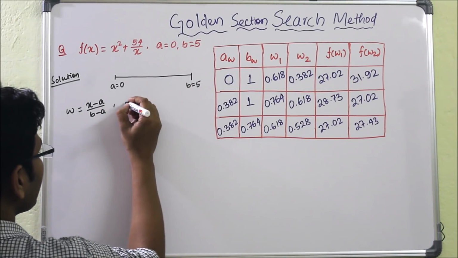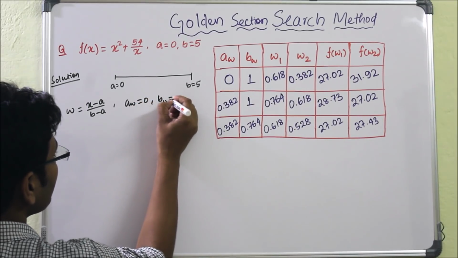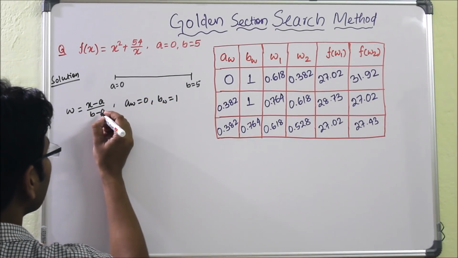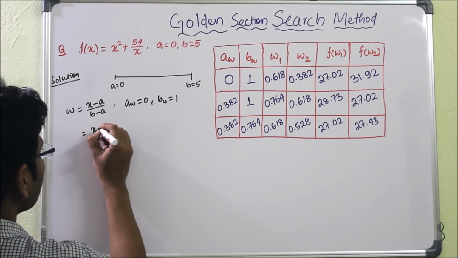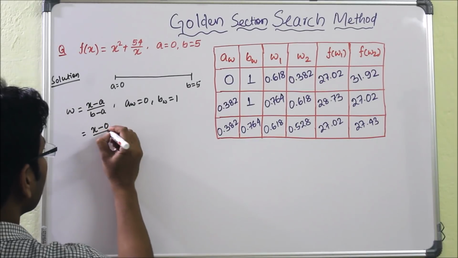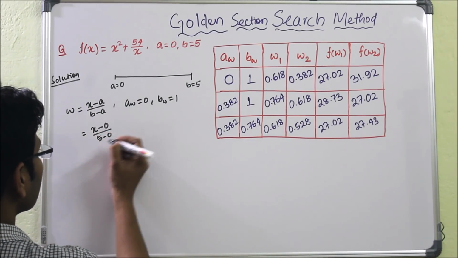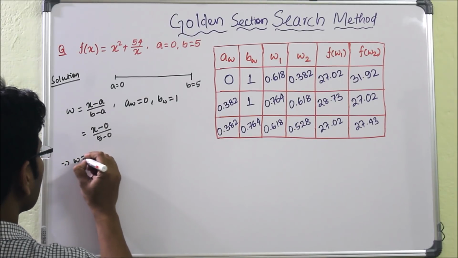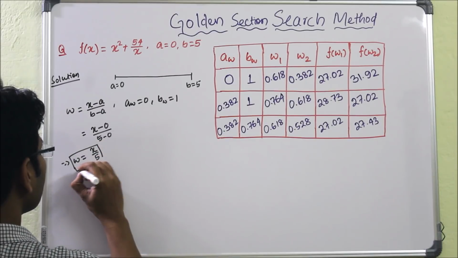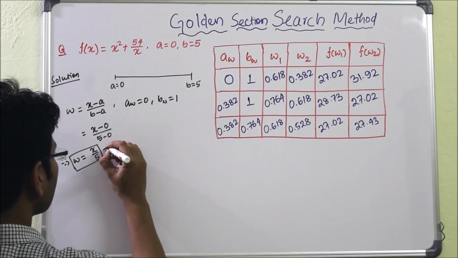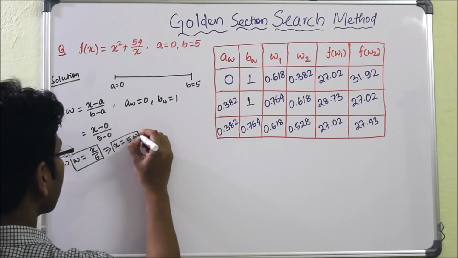So we get aw equal to 0 and bw equal to 1. Here x minus 0 by 5 minus 0, so w equals x by 5. Now x will be 5w.